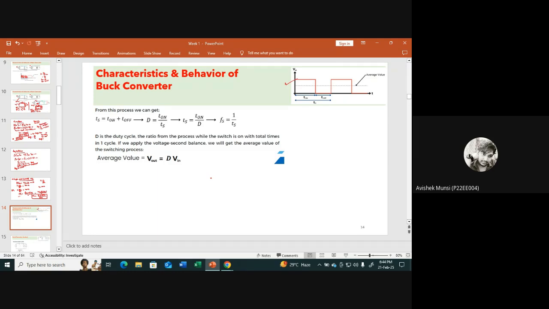If you integrate it, you will also get V0 equal to D times V in. So either you go through integration or the volt-second balance, which is basically integration itself. As I said in the first slide, the area across the on time and the off time will cancel out, so we applied that concept in a different way.